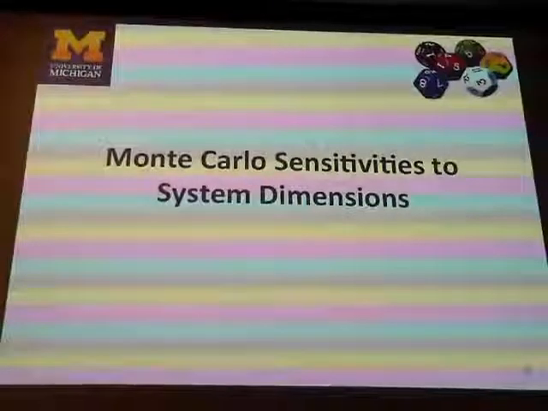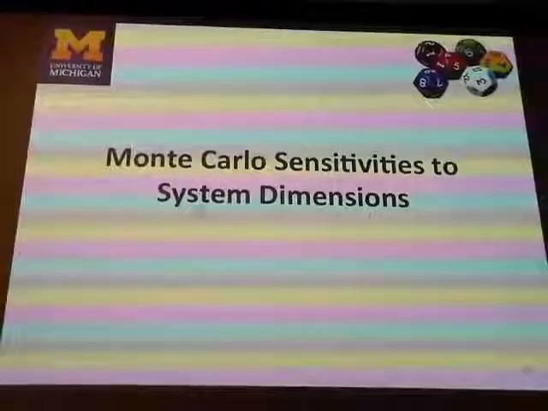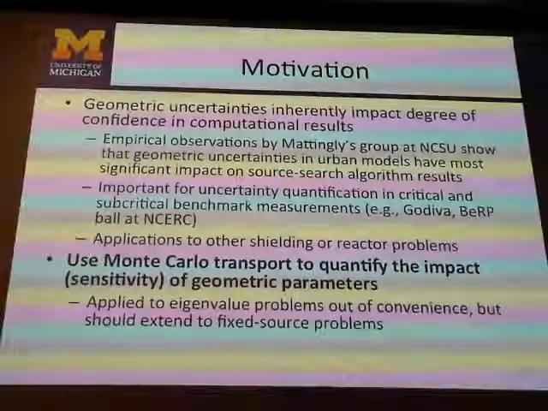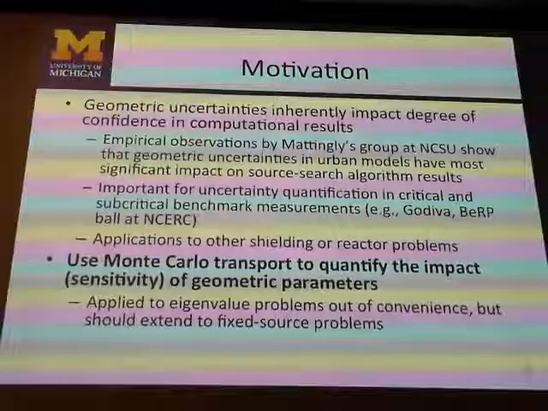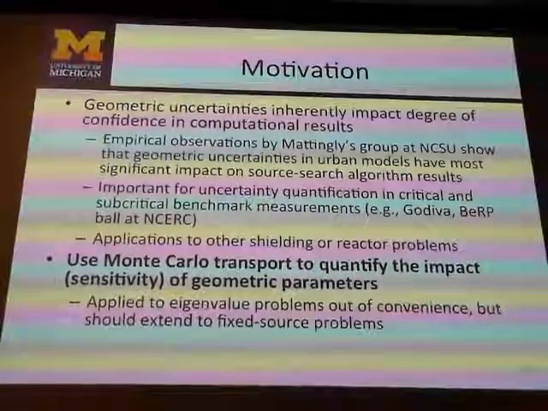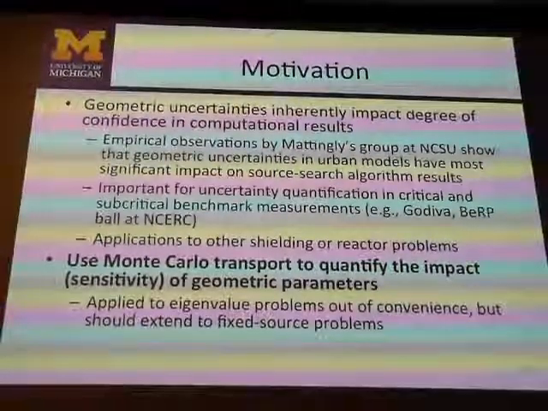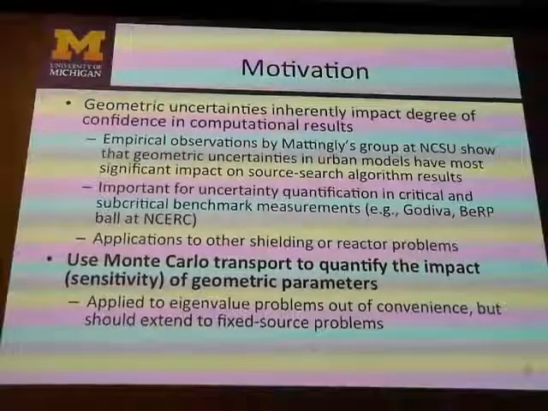Okay, so Monte Carlo sensitivities to system dimensions is the next topic. Chosen randomly, I swear. What we're trying to do here is look at geometric uncertainties and how they impact a solution. To do this, we need to calculate sensitivities: how much does a system dimension matter to a specific response?